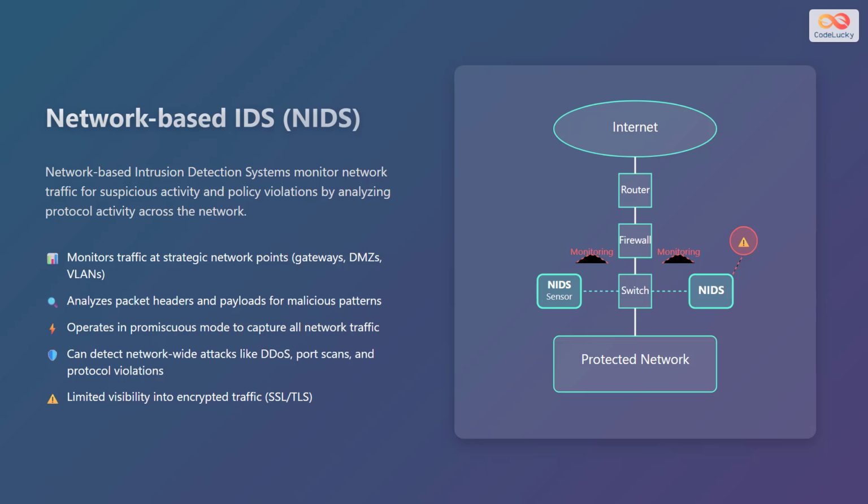They analyze packet headers and payloads for malicious patterns. They operate in promiscuous mode to capture all network traffic. NIDS can detect network-wide attacks like distributed denial-of-service attacks, port scans, and protocol violations. One limitation is that they have limited visibility into encrypted traffic, such as secure sockets layer or transport layer security.